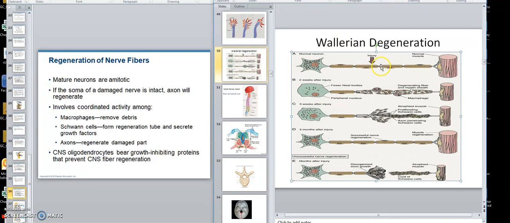Then the distal part here, see, the cell body, remember, gives the nutrients to the axon. The cell body does all the protein synthesis and everything. So if you cut it, this distal area is going to degenerate because it no longer has nutrition coming from the cell body. So it's going to degenerate.